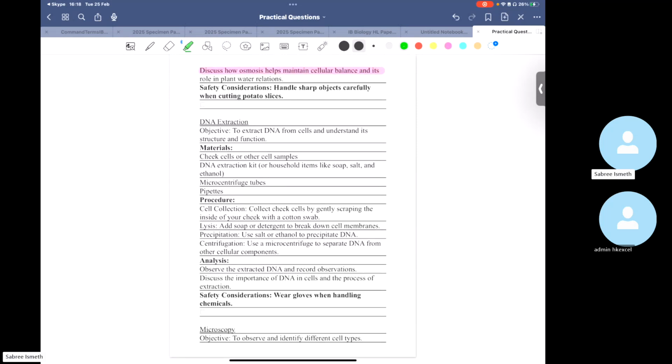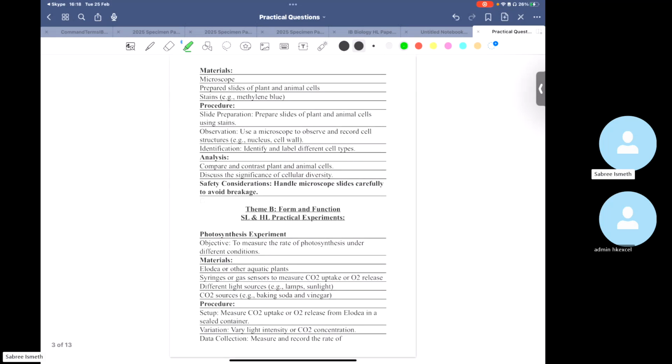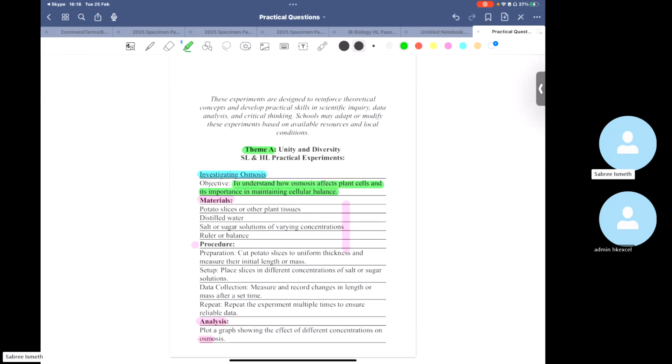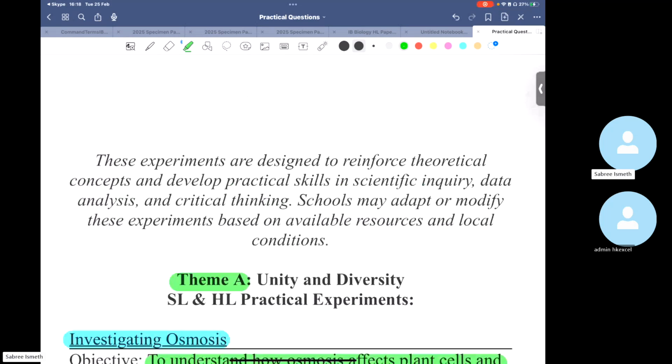Like that, we have multiple experiments; DNA extraction is another one, microscopy is another one. All these fall under theme A. So we need to investigate these experiments because that's the best way to prepare for this paper. For each of these experiments listed in this document, there are just 2 parts. I know many of you are familiar with IAs. We look at each of these experiments in 2 sections.